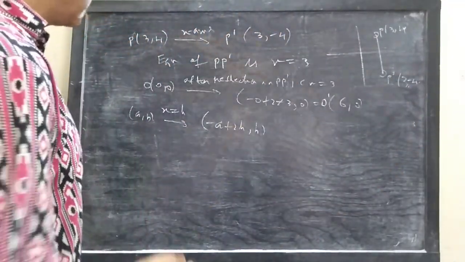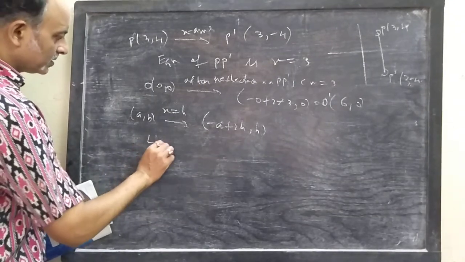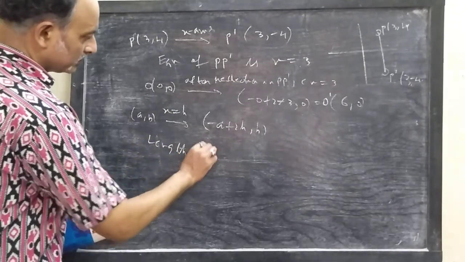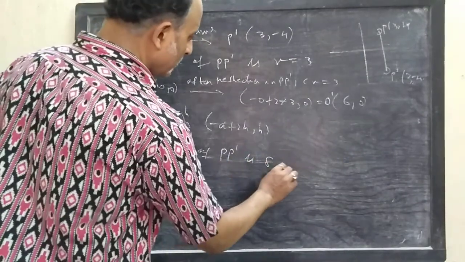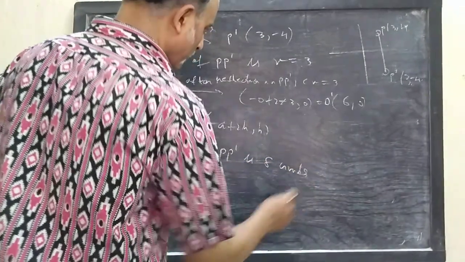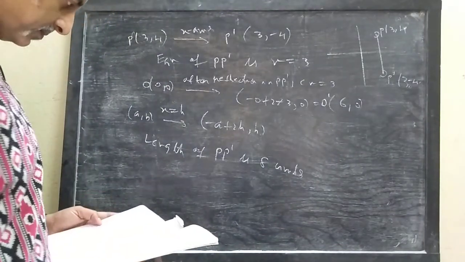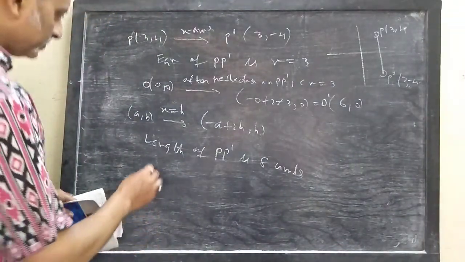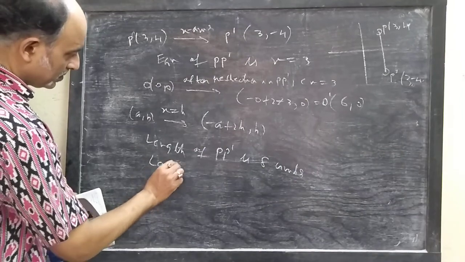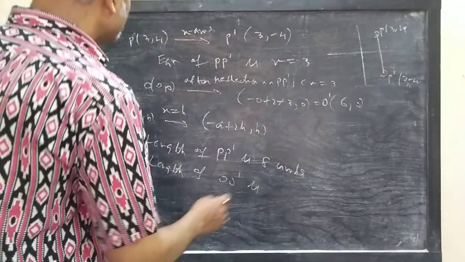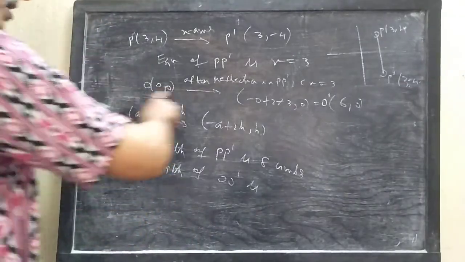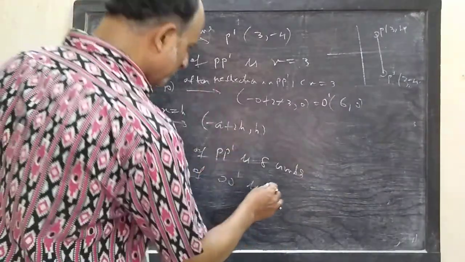So length of PP' is 8 units. Next, OO'. Point O is (0, 0) and O' is (6, 0). So length is 6 units.